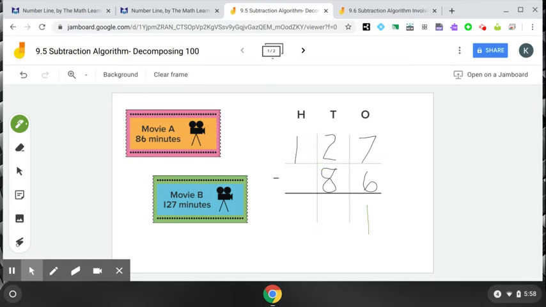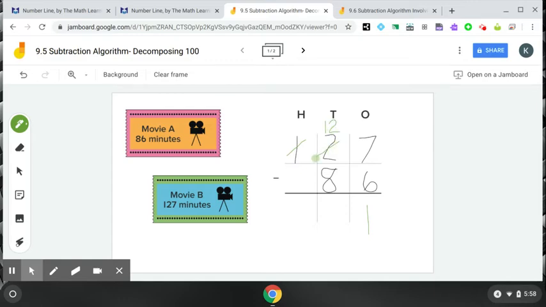This is where we now have to move into the hundreds place to regroup. If I don't have enough tens here, I can go next door and break open this hundreds flat. When I break open that hundreds flat, 10 tens fall out, and then I also need to include the 2 tens that I already have.